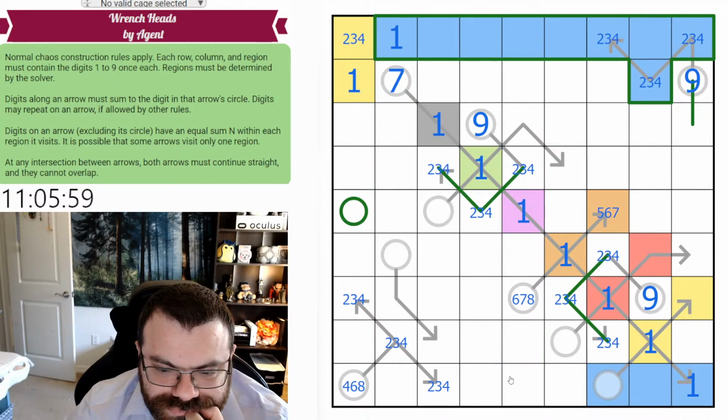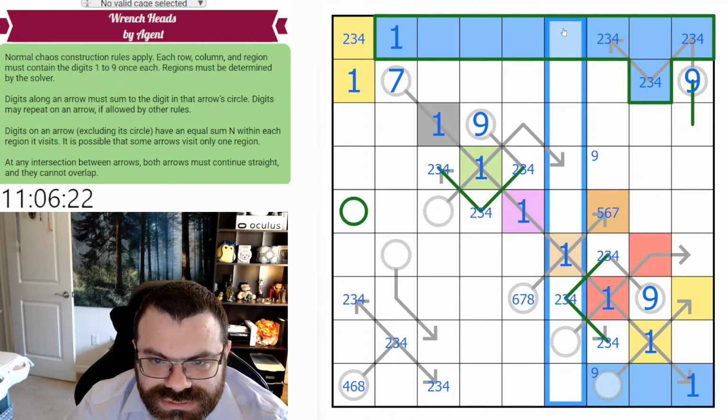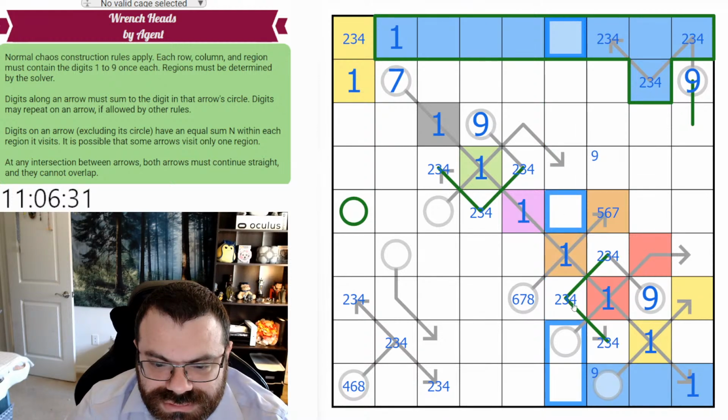Just for a second, we can scan the rest of the columns to see if there's a similar restriction on 9's. So in this column, problem is it could be in the blue here. Any of these 4.